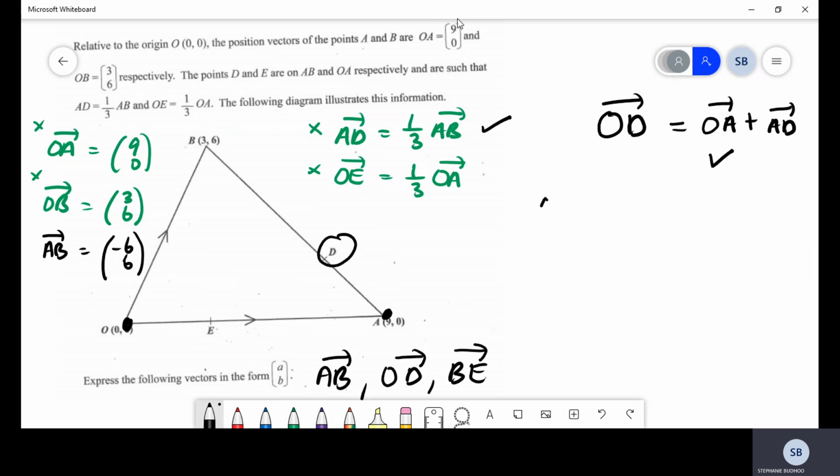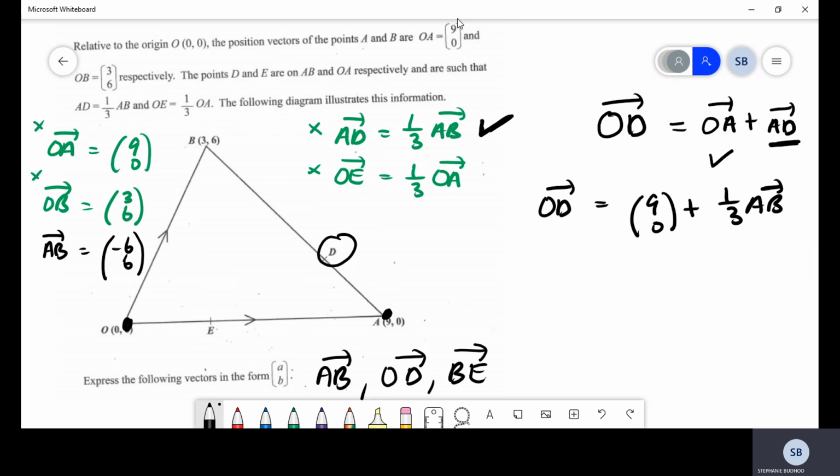So if you wanted to work this question, it would be OA, which is given by (9, 0), plus a third of AB, because AD is equal to a third of AB. So we are simply substituting.